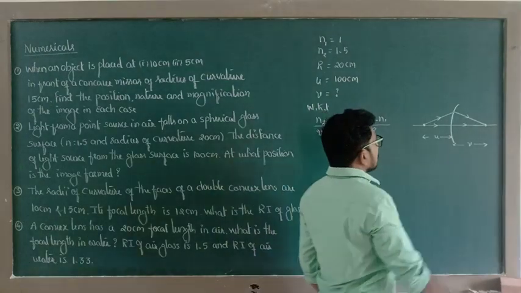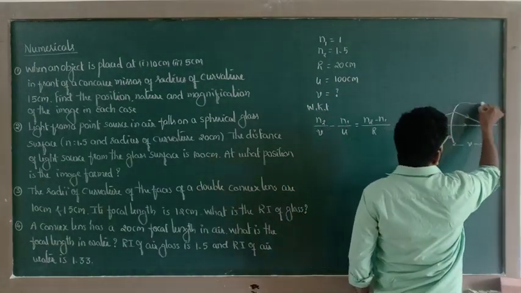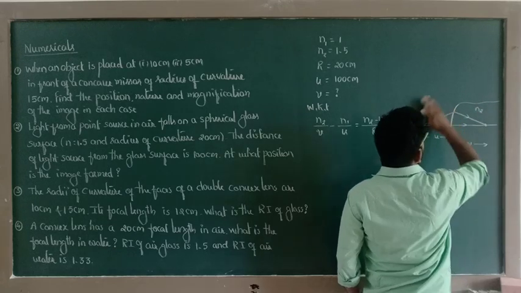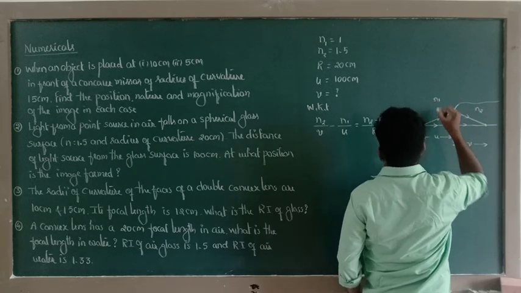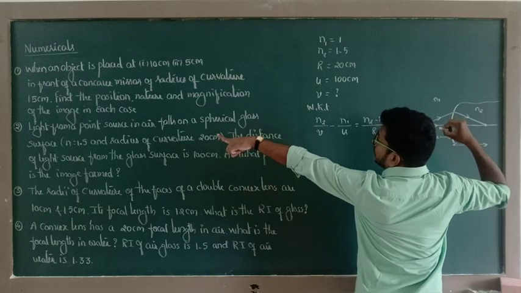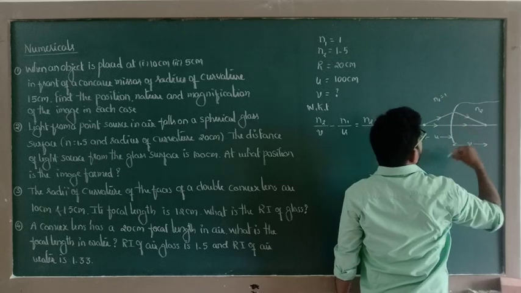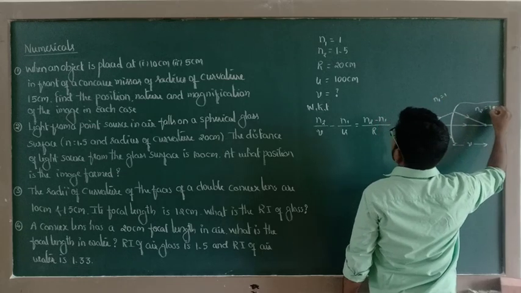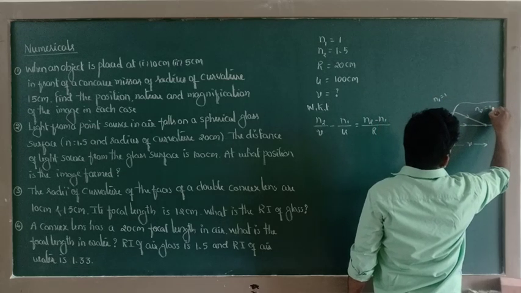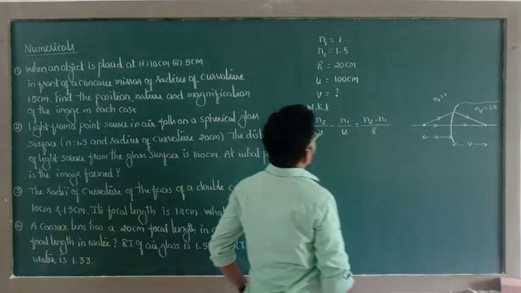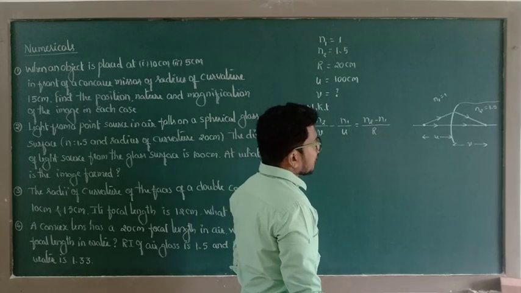So this is our second medium, refractive index is n2. This is our first medium n1, because point source in air, this is air medium. So n1 is equal to 1, n2 is equal to 1.5, and u is equal to 100 centimeter.